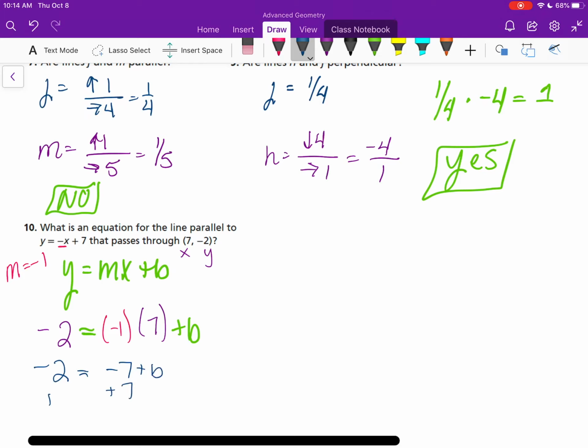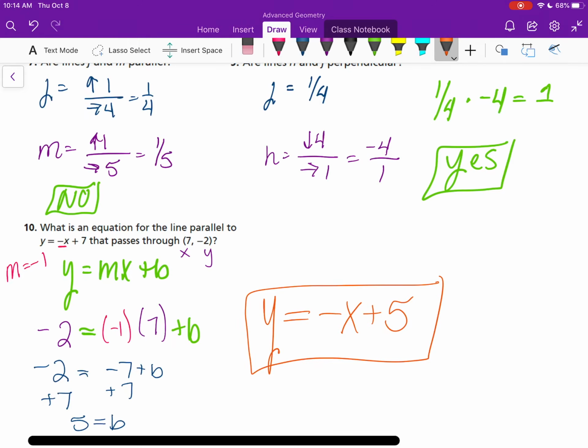We add 7 to both sides, and we end up with 5 equals b. So we can write that equation of the line when we substitute those pieces in, and it would be y equals negative x plus 5, because 5 is our b and our slope is negative 1.